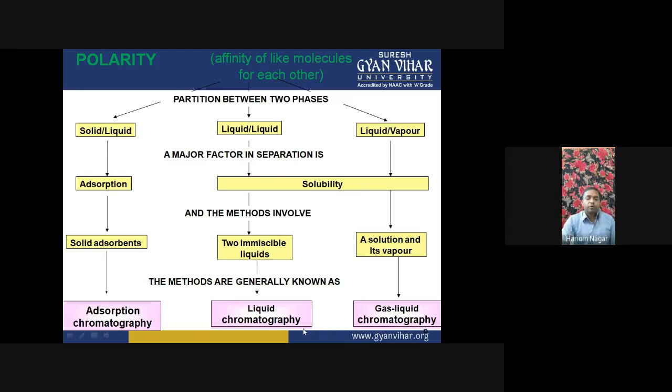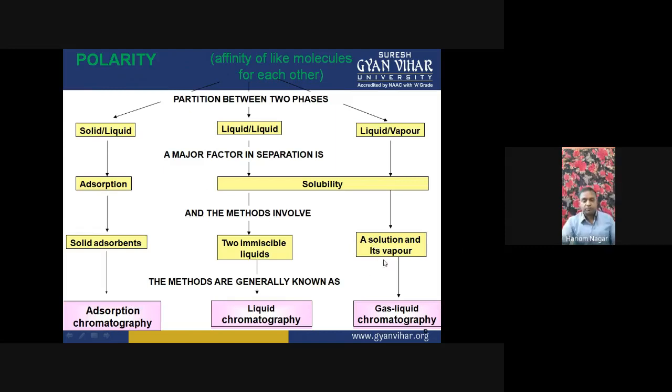So this is the example of liquid chromatography, and in gas liquid chromatography, there are two phases. One is liquid and the second is vapor, where the liquid is stationary and the vapor is the mobile phase. Here also solubility is the responsible factor for the separation of the components.